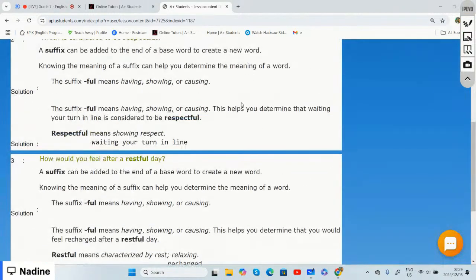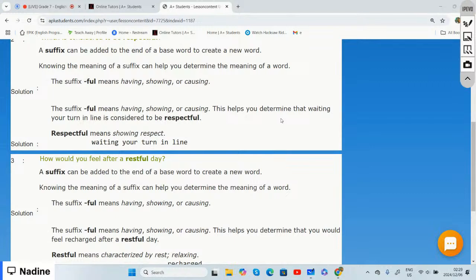All right. And then the last one before we go into our test. How would you feel after a restful day? If you were exhausted, you were studying, you had a long day at school with extramural activities, how would you feel? So now you get home and you are just resting, you are sleeping, you are napping, you are chilling.